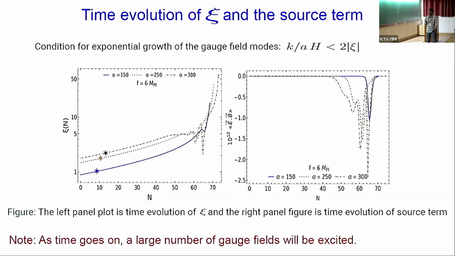Now I will look at the time evolution of Xi. As time goes on, Xi increases, and as Xi increases, a large number of modes start to be excited. This is the source term, and you can clearly see that at later times this source term starts to dominate.